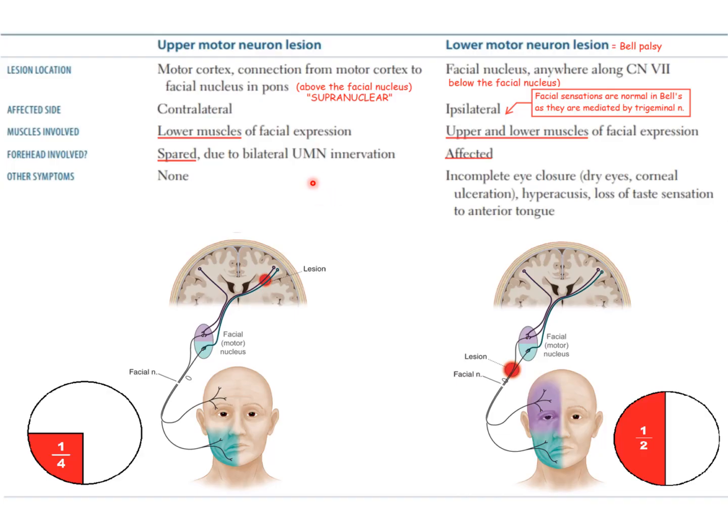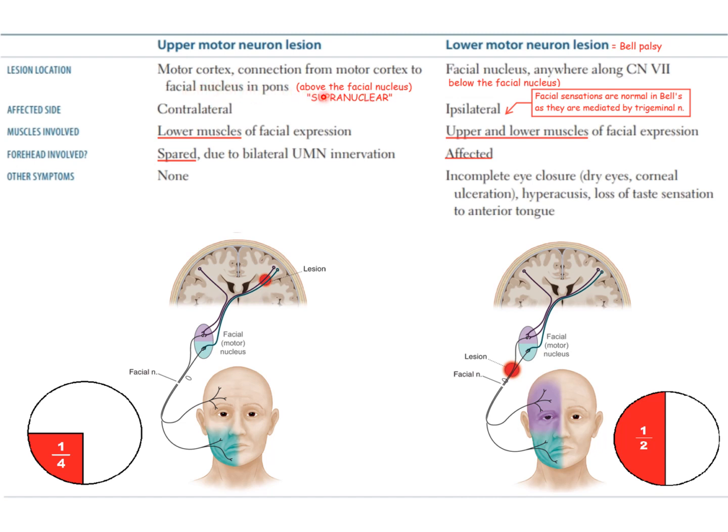A fundamental concept when understanding the presentation of facial nerve paralysis are the differences in upper motor neuron lesions and lower motor neuron lesions. The upper motor neuron lesions involve damage to the motor cortex of the brain above the level of the facial nerve nucleus in the pons.